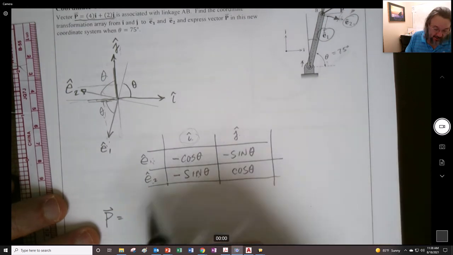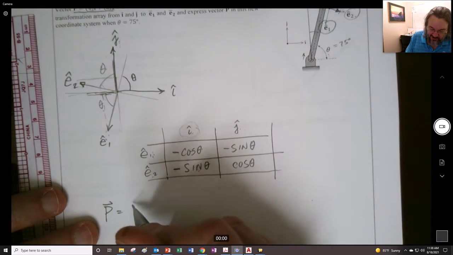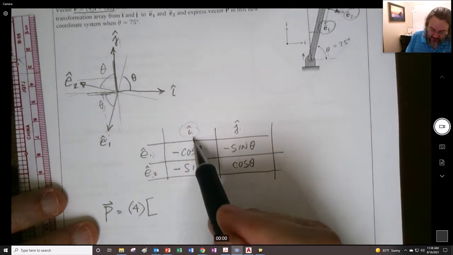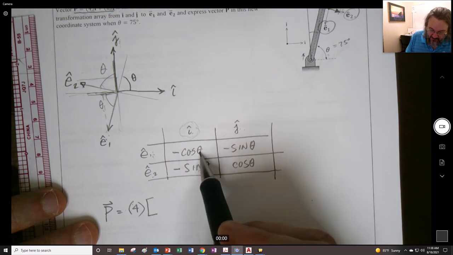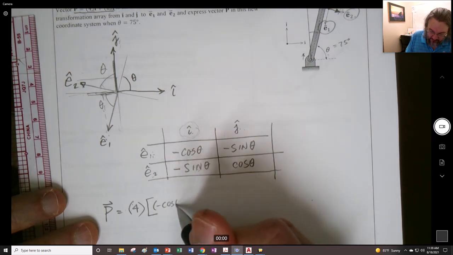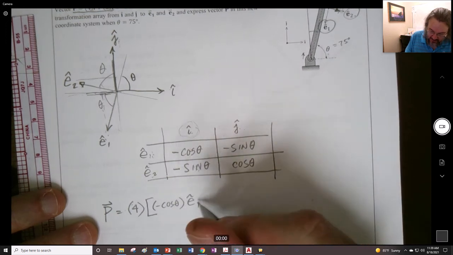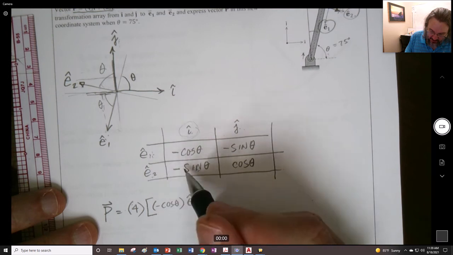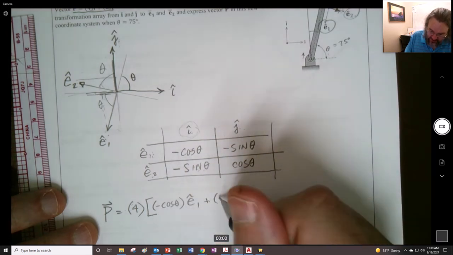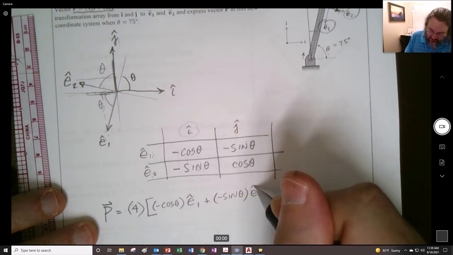So I'm going to do this slowly. When you get used to this, you could skip a step here, but we'll do this step. We'll take that 4, and we're going to multiply it by cosine of theta E1 and then we're going to have it multiplied by negative sine of theta E2, right?